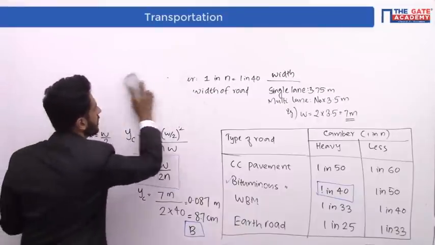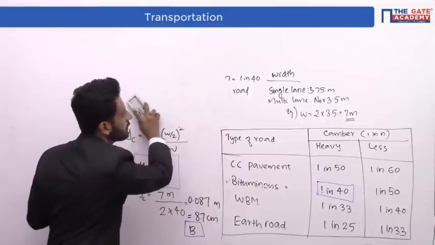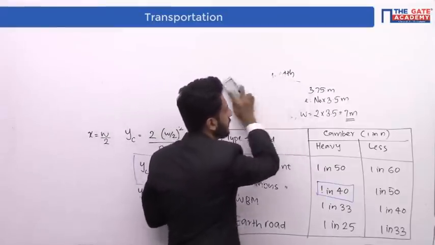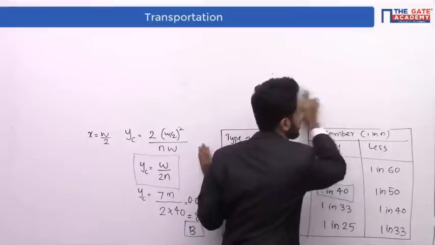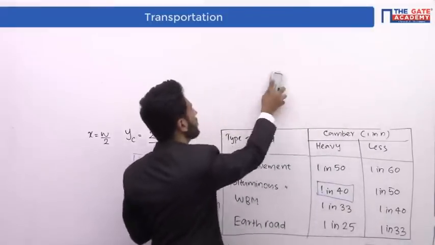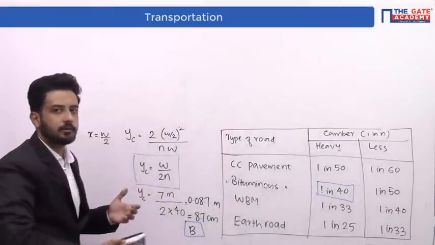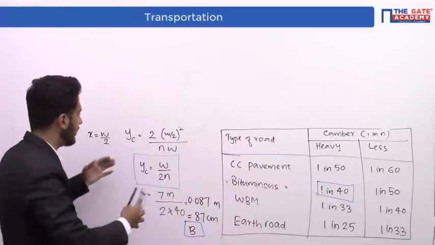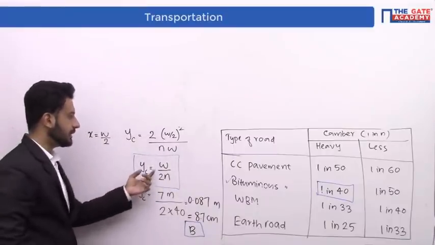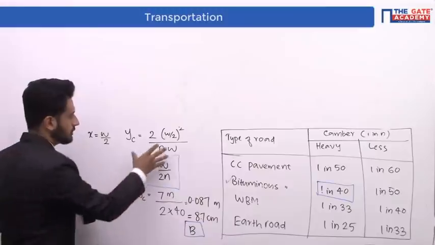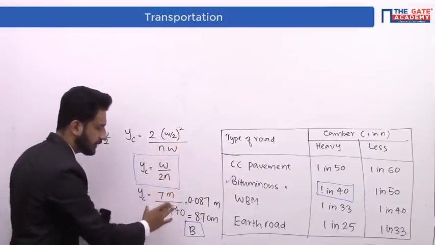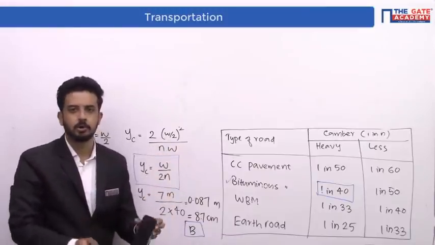So what all things do you have to do? First, you should know how to find the height of camber: y is equal to 2x square divided by nW, and the crown is at W by 2. So no need to substitute again and derive the equation in the exam hall.